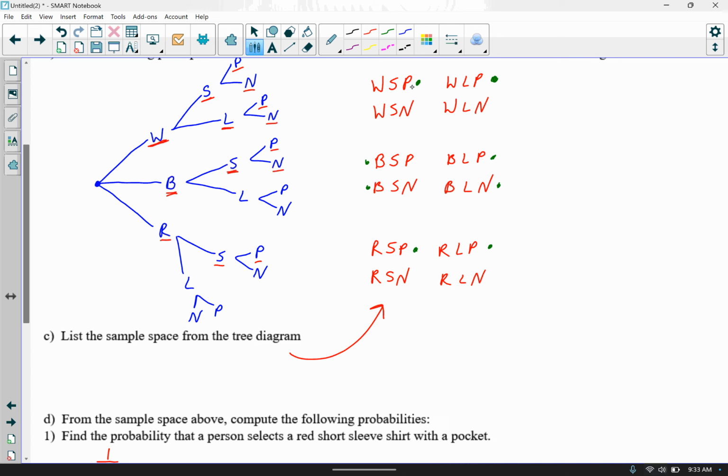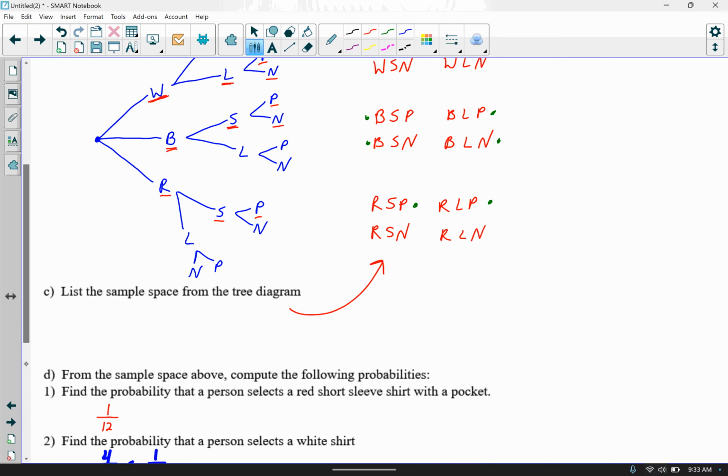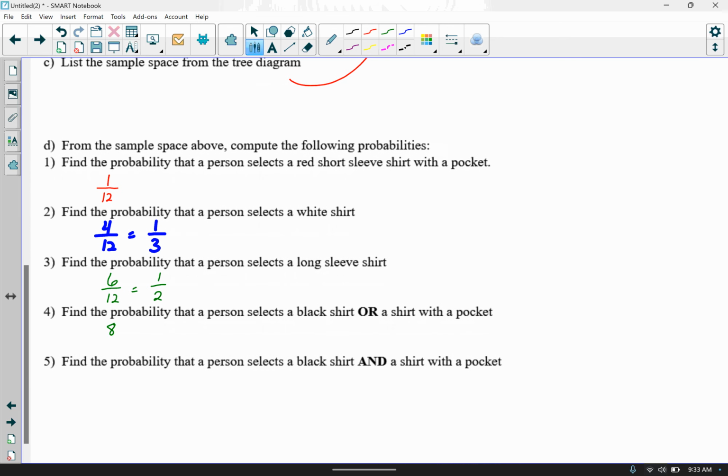I picked up these 2 up here because they had a pocket. I picked up these 2 down here because they had a pocket. So as long as I have a black shirt or have a pocket, I get to be counted. And so that gives me 2, 4, 6, 8 possibilities out of 12. Can reduce that, divide them both by 4, would give me 2/3, final answer.